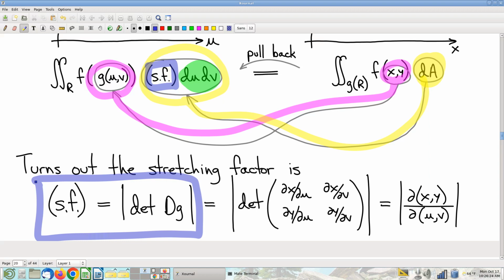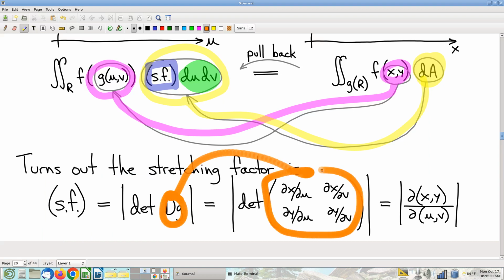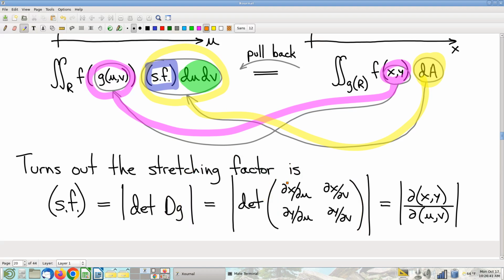Okay. Now, to be clear, just as a reminder, the derivative matrix is this matrix right here. Now, that's old news. That's chapter 2 stuff, right? Just the definition of a derivative matrix. And I'm also going to point out, this is just another notational thing.